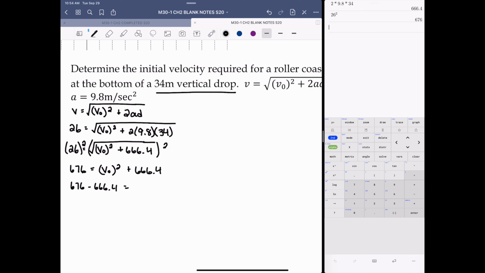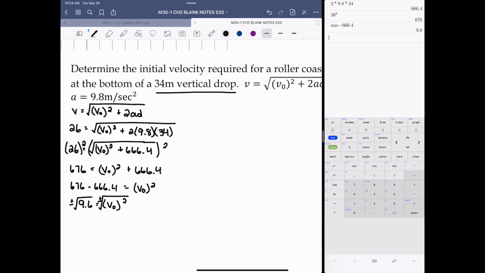That gives us v0 squared, so 676 minus 666.4, 9.6, is equal to v0 squared. Now we need to get rid of the squared, so we have to square root both sides, but we don't know if v0 started as a positive or negative, so we're doing plus or minus square root, which gives us two possibilities.